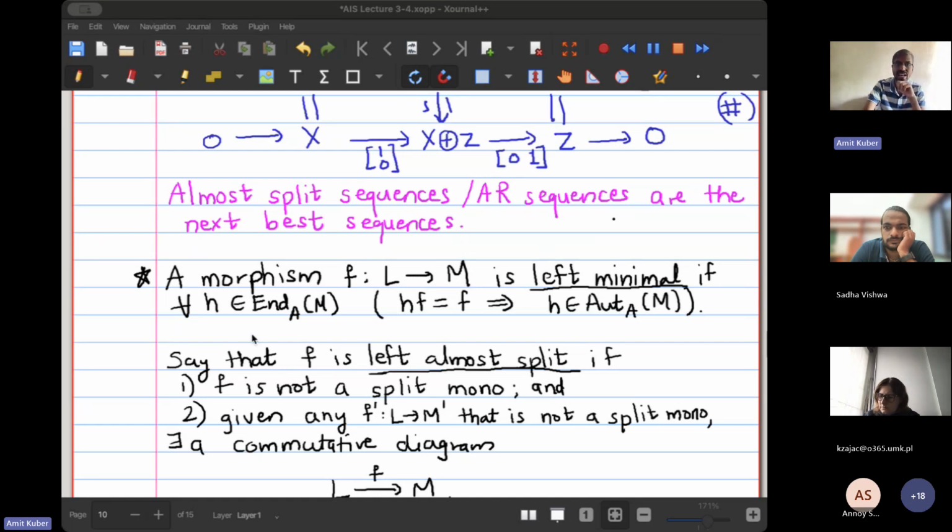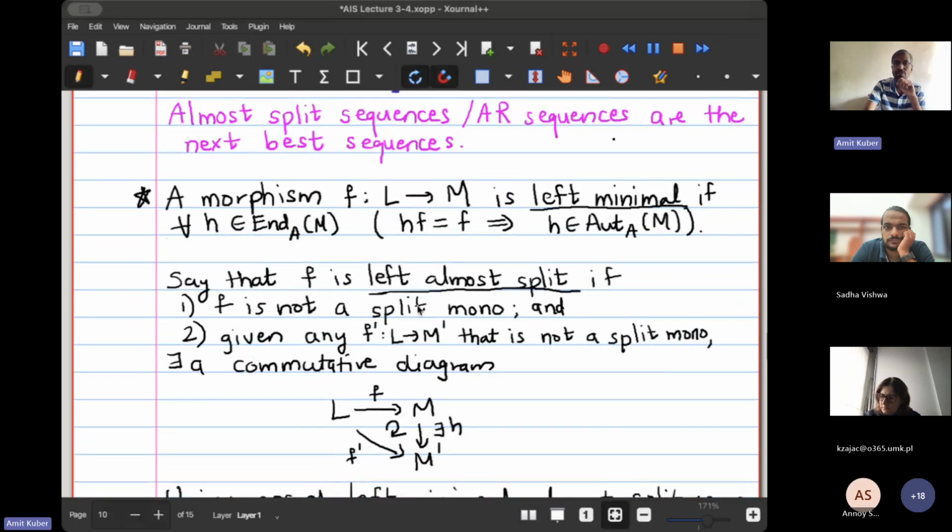We say that F is a left almost split morphism if it is not a split mono, and if you are given any other morphism which is not a split mono, then it will factor through F. So this is in some sense universal amongst the non-split ones.